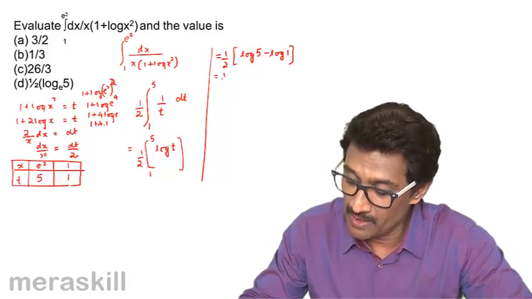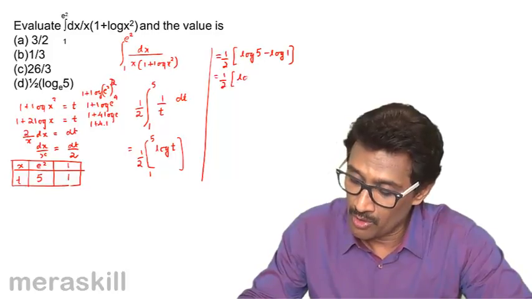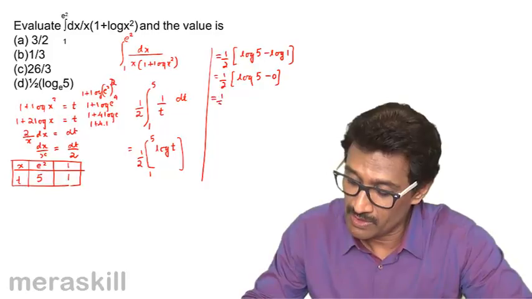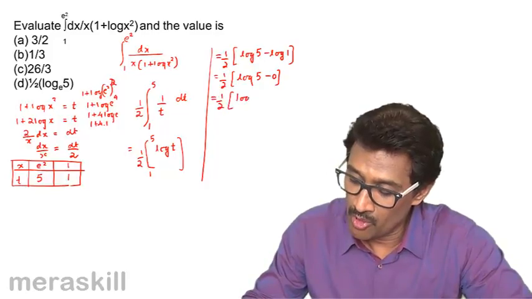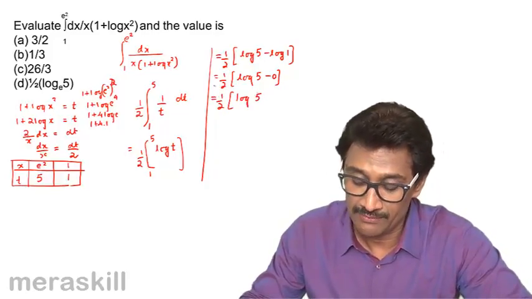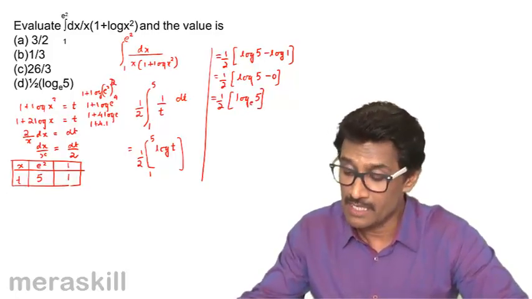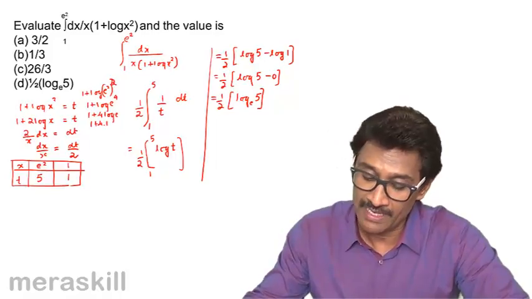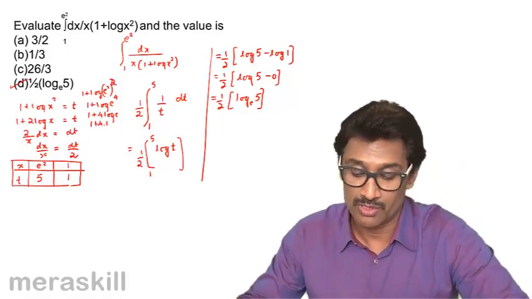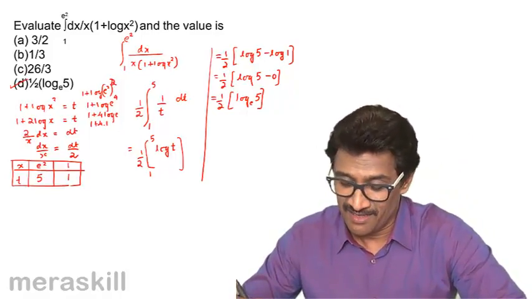Now this is half into log 5 minus 0, which is nothing but half into log 5, of course log 5 to the base e. That is option number D.